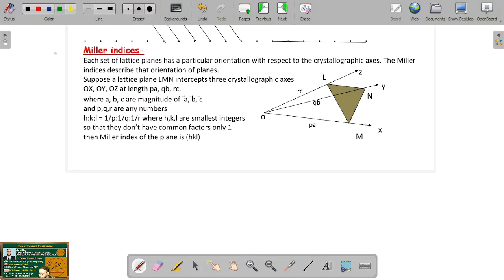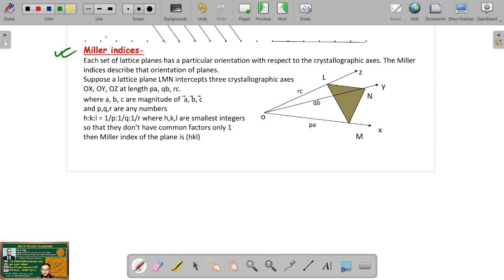Now what are Miller index or Miller indices? Each set of lattice planes that we considered has a particular orientation about the crystallographic axes. The crystal arrangement is in 3 dimensions, so we can consider 3 crystallographic axes.